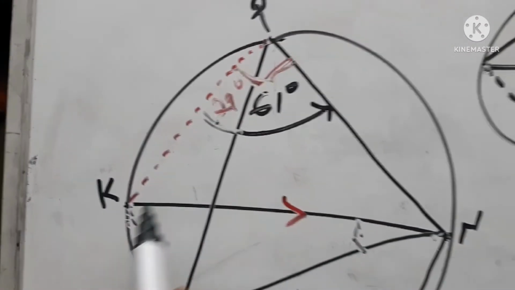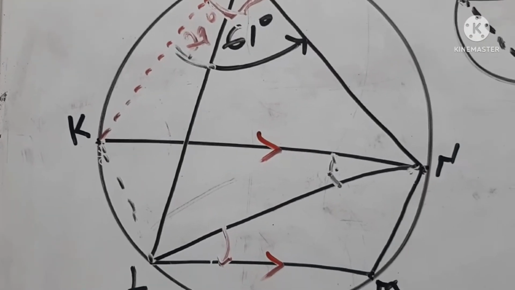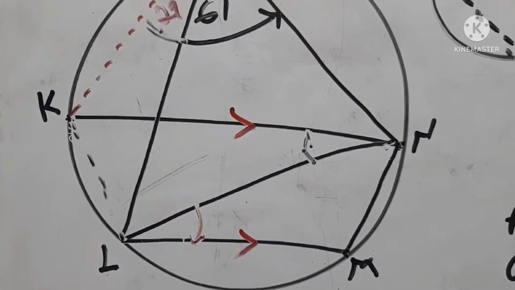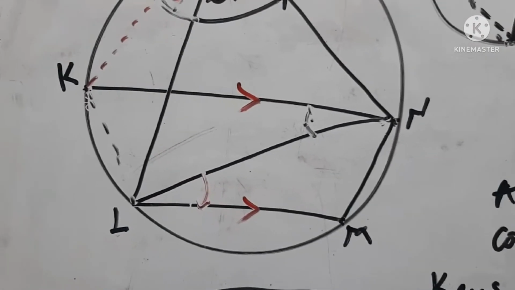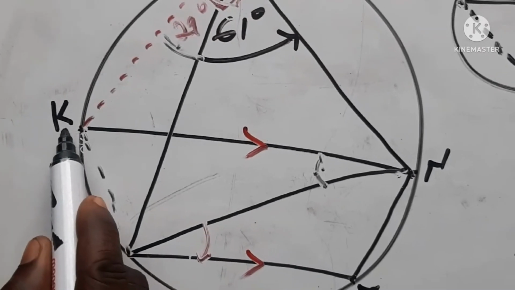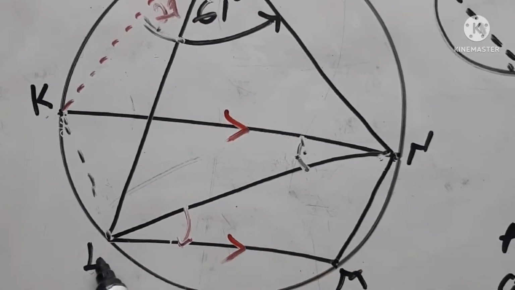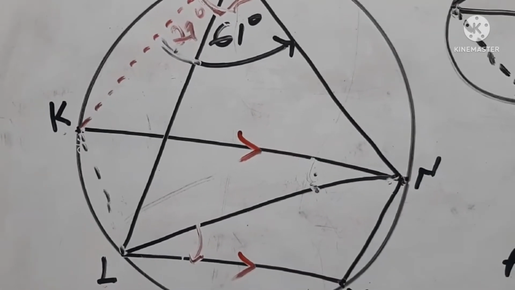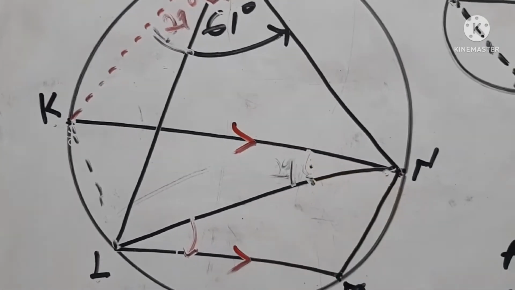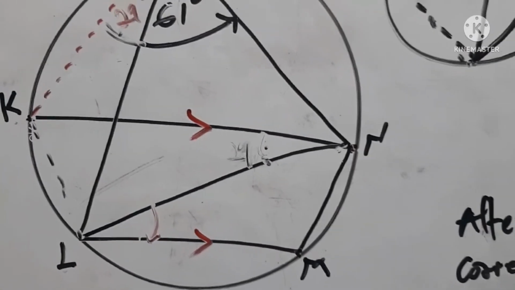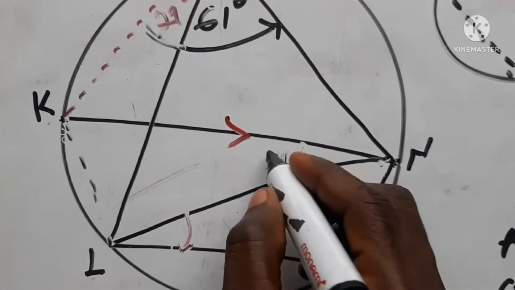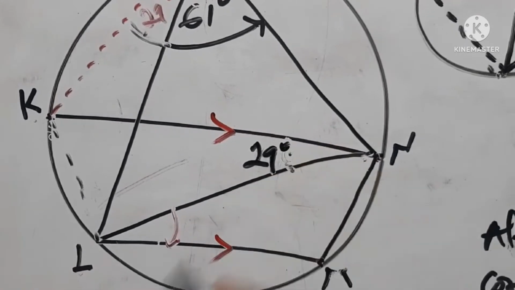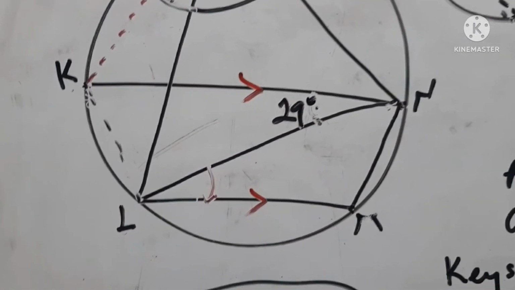So the angle which is 29 is equal to angle KNL. So K and then N and then L. Have you seen? So the angle here. It's okay. You are just applying the definition and the method. So here also will be 29, right? So this portion here will be 29 degrees. Does it make sense? Now, gradually we are getting there.